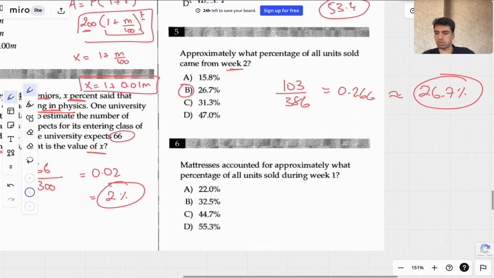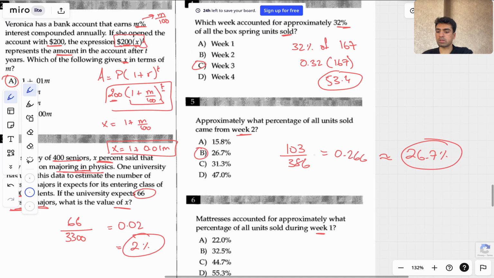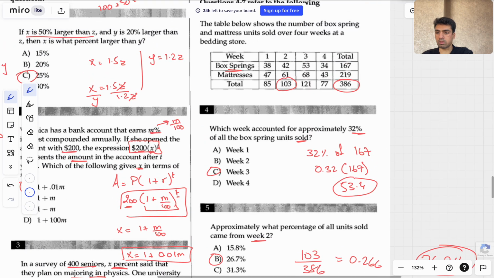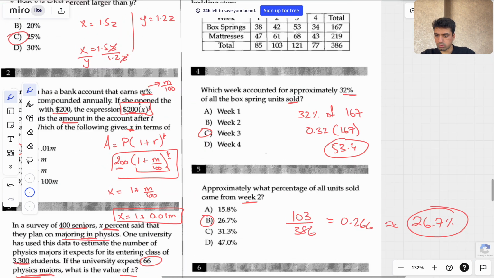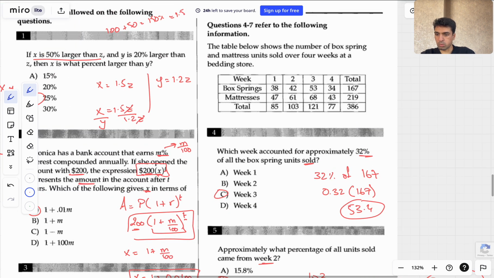Question 6. Mattresses accounted for approximately what percent of all units sold during week 1? So we're looking at mattresses in week 1. So in week 1 the total was 85.